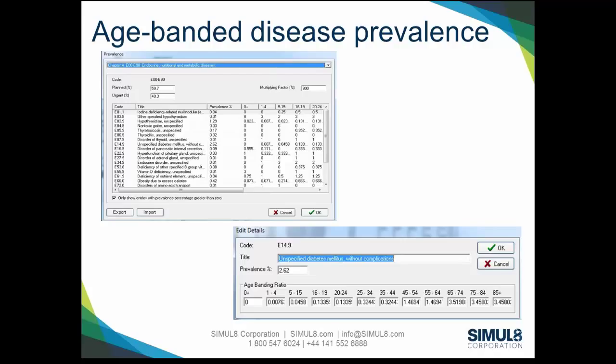Now, you can obviously model at a far more granular level, where you're looking very much at an individual and how they move through the system, having multiple interactions because of the set of diseases they have, and we'll have a look at that a bit later. But at this level, we're looking at the activity that's likely to need to be managed as a result of the population and the diseases that they have.